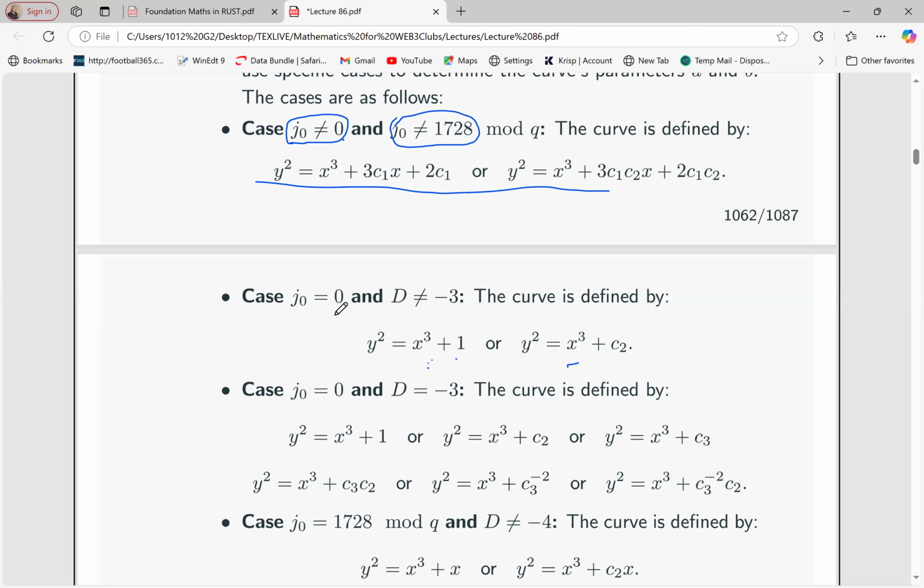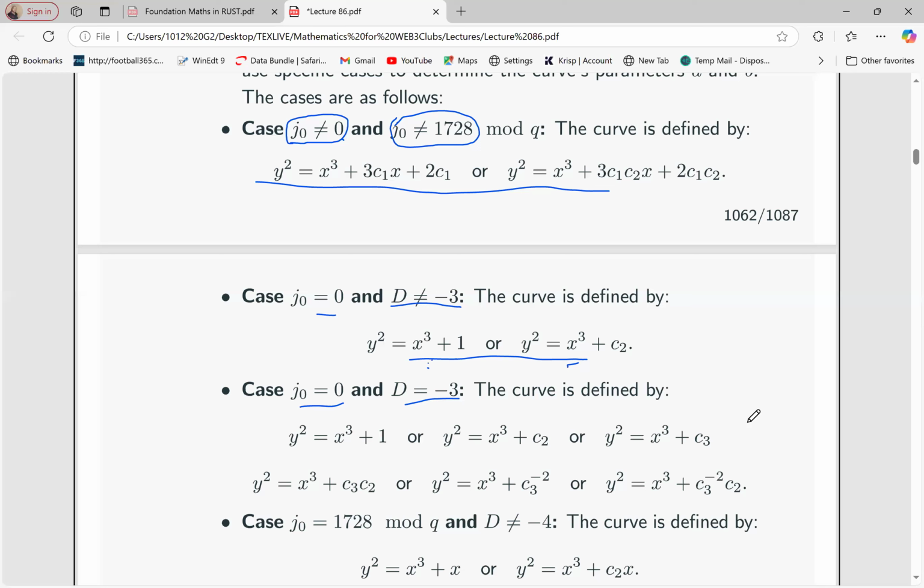Now, where it's 0, we check the discriminant. Is it -3 or is it not? If it's not -3, these two scenarios. If it's -3, how many scenarios? There's 6.